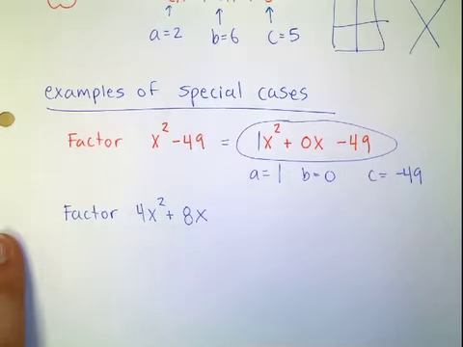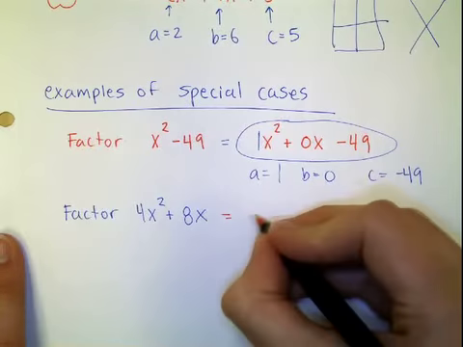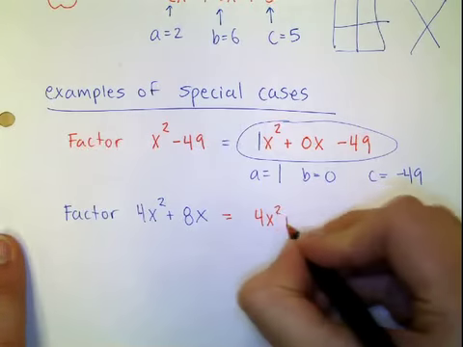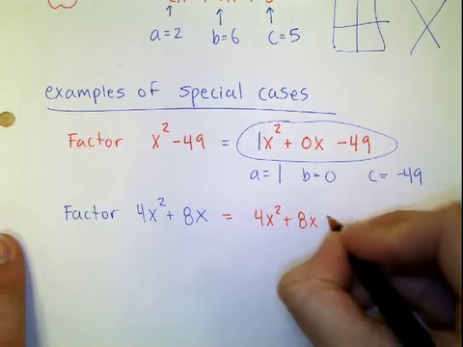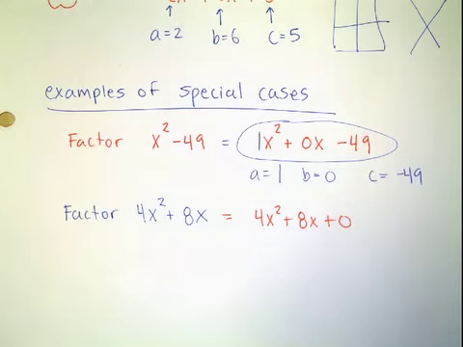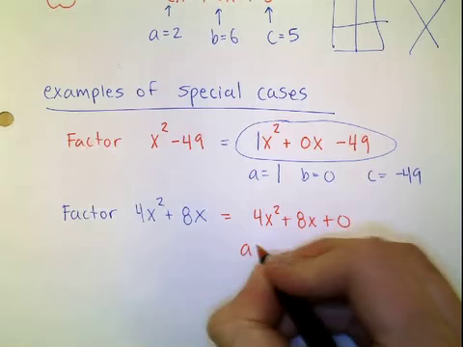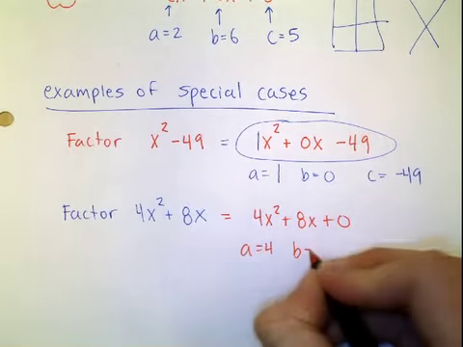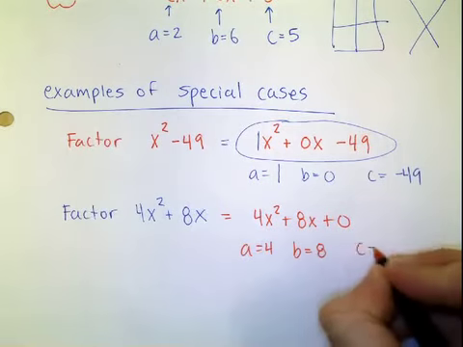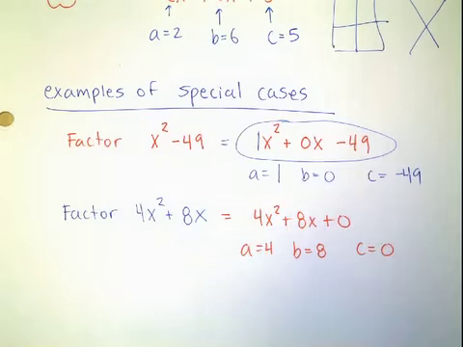So if you had to rewrite this, you'd say this is really 4x squared plus 8x plus 0. There's just a number missing that we seem to have forgotten. So if I put the 0 in there, now it's no problem at all. We'd say A equals 4, B equals 8, and C equals 0. There's our special case.